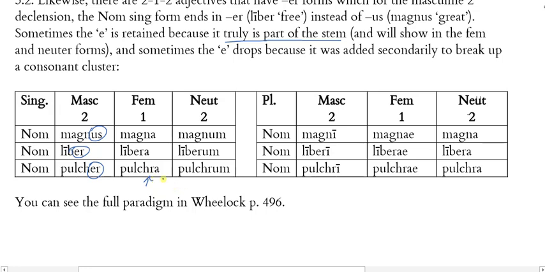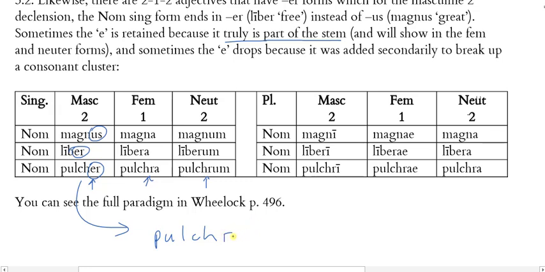You don't see it in the feminine or the neuter forms. It's not that they lost it, it's that the masculine nominative gained it because it needed to break up the form. In fact, if you recall, what we have is this situation.